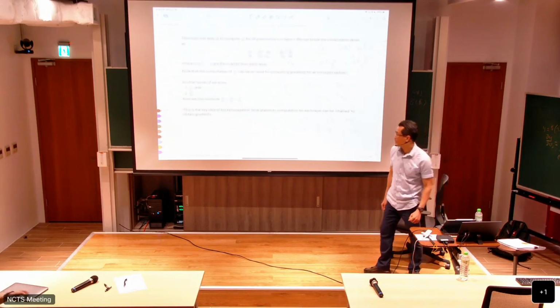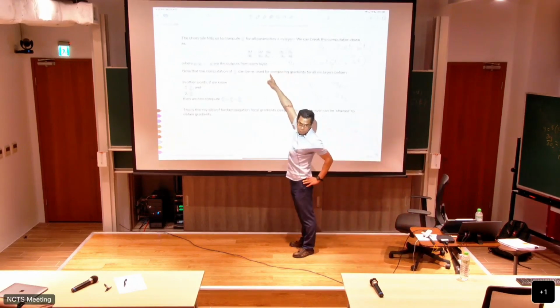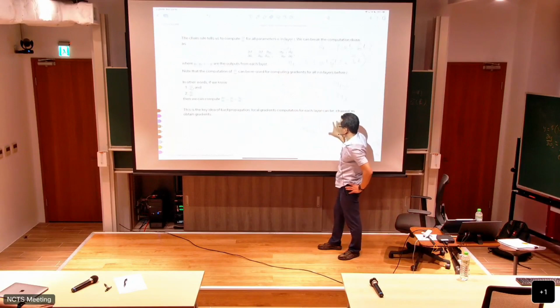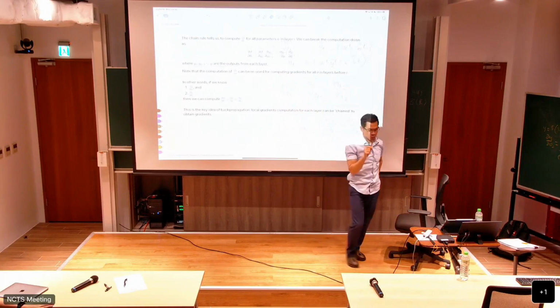You can always do this by chain rule whenever I want to compute the derivative, but that is not an efficient way. The efficient way is to notice that information is reused. The information from the previous layers is needed to compute the information for the next layers, right? So we reuse it, we don't recompute it.